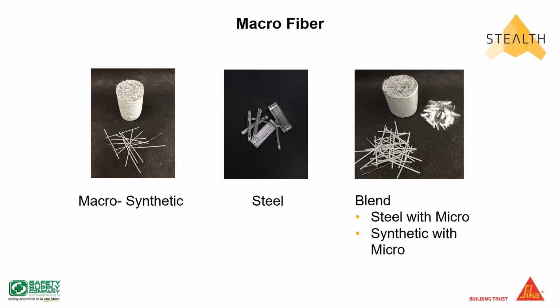I sent a puck that was intact, and I sent loose fiber from a puck. So we puck our fiber, meaning our macro fiber, not our microfiber. We puck our macro synthetic fiber, and it's wrapped, and you have thousands of fibers in there, and those pucks are in a bag when you receive it.